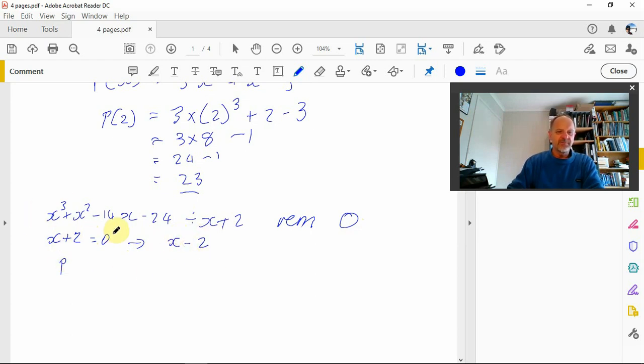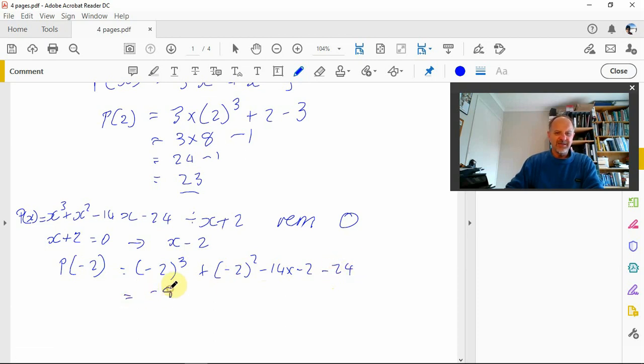And so if that's p of x, so p of minus 2 would be minus 2 cubed plus minus 2 squared minus 14 times minus 2 minus 24.